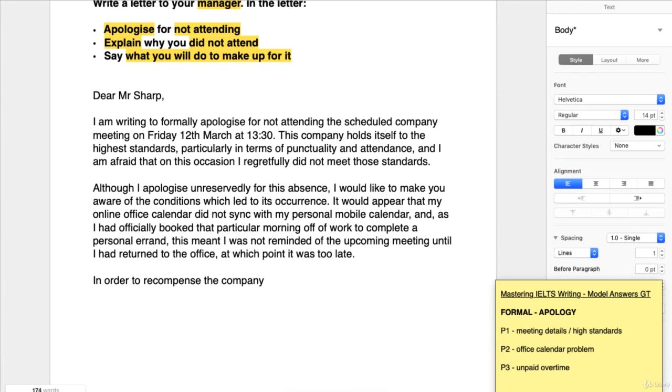So, in order to recompense the company for the lost time, so the time which has been lost, you also might say, I have... Notice the switch in tense here that I'm going to make as well. This is not present simple, it's not "I own" or "I possess", it's "I have undertaken". So present perfect here.